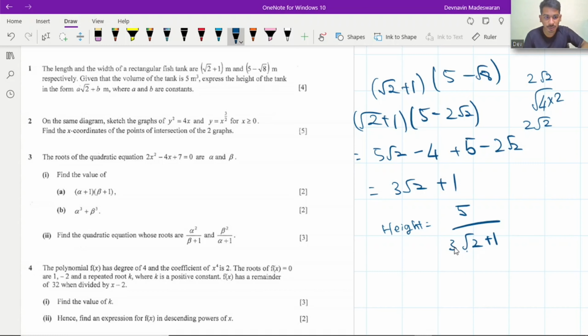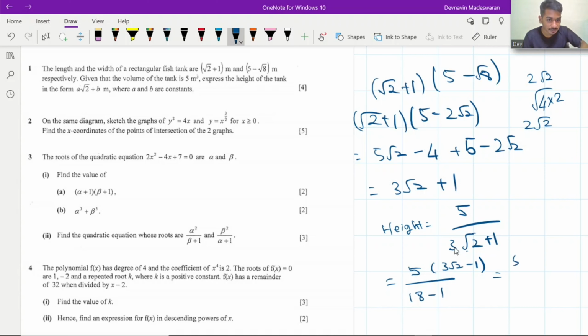And I'm pretty sure they want us to rationalize, because you want to get a single fraction. So it's times the top and bottom by 3 square root 2 minus 1, so that the bottom will be like a plus b times a minus b, so that if you expand it out, you're going to get a square minus b square. So it's going to be 9 times 2, 18 minus 1, which is 17.